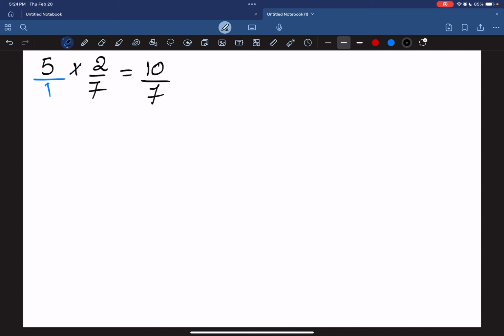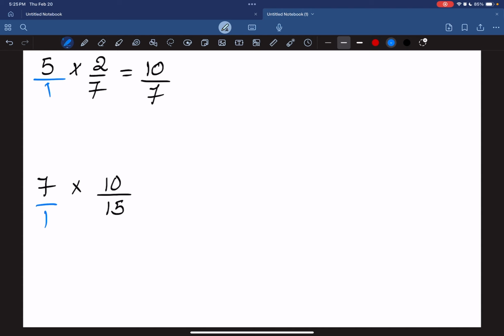Let's look at the next one. If we get a 7 times 10 over 15, again we make the whole number a fraction by putting it over 1.